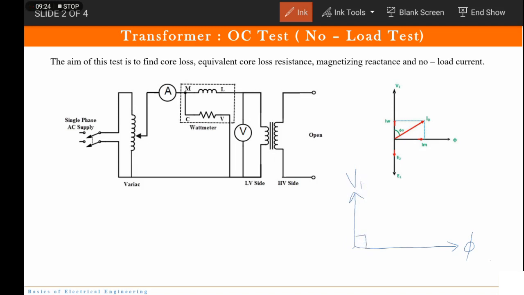Then we have the no load current which has two components, IM and IW, and the resultant of these is I0. And this phase angle is represented by phi naught. Right? Correct.